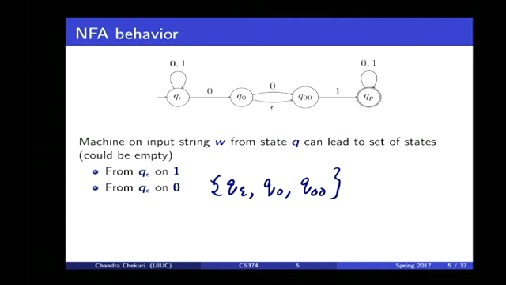Epsilon means an empty string. This 0 is a string, not an alphabet symbol. It's a bizarre, strange machine. The epsilon transition means that I can take it if I want to.